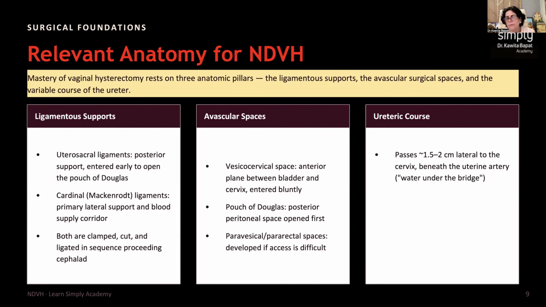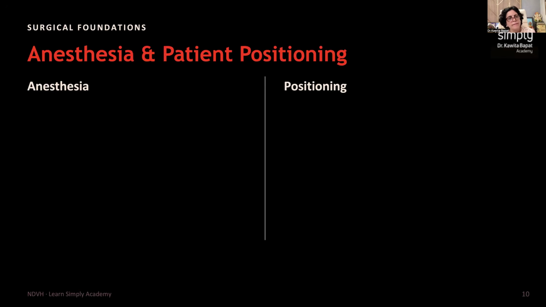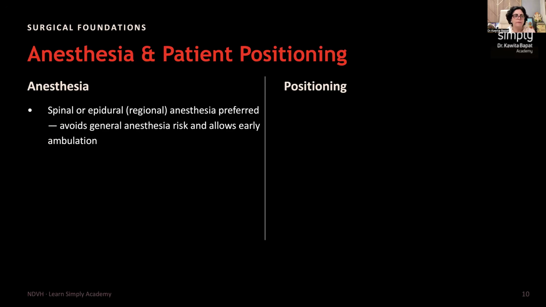Ureteric course: it passes 1.5 to 2 centimeters lateral to the cervix, beneath the uterine artery, like water under the bridge. It is at greater risk during cardinal ligament and uterine artery clamping. It stays close to the vaginal wall corners and ligature sites, so the clamp must hug the cervix. Now, anesthesia and positioning, the two important points for non-descent vaginal hysterectomy.